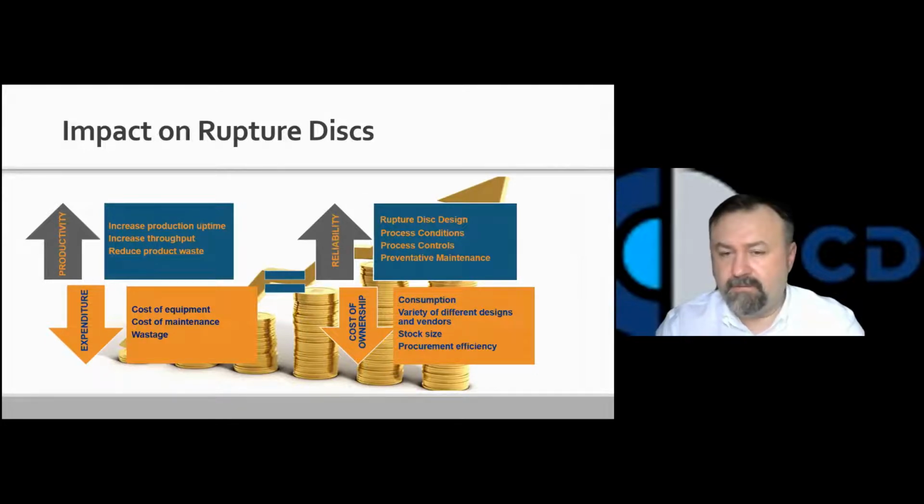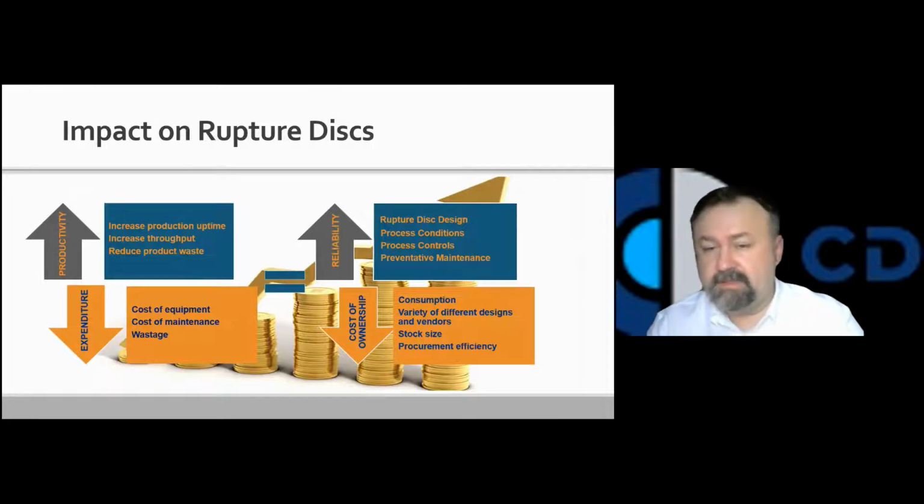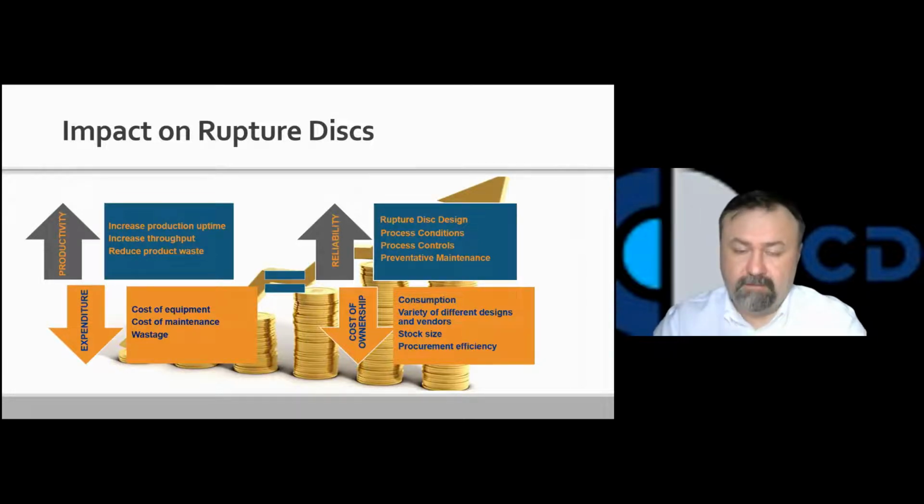Naturally, the procurement efficiencies are not there, because economies of scale when it comes to rupture discs can only be achieved by standardizing as much as possible on the rupture disc designs and process. And in order to support all of this, stock needs to be carried at any given time.